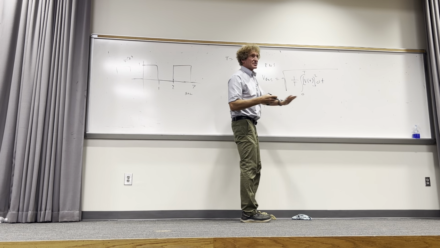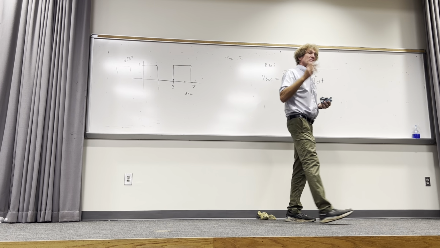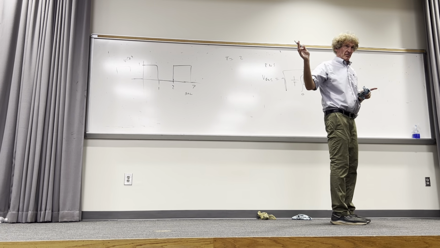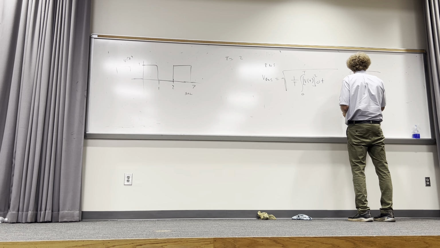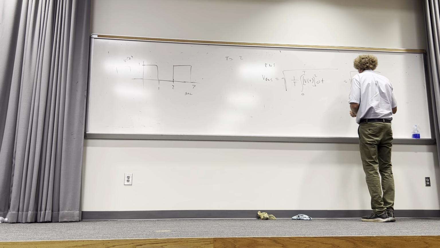Now just execute this. Remember, the peak value is 1, right? Now let's see what happens. So I have V_RMS equals the square root of 1 over 2 times the integral. Technically it goes from 0 to 2, but you'll notice the value of the signal is non-zero only from 0 to 1. So we're integrating only from 0 to 1 of the value 1 squared, which is 1, dt.